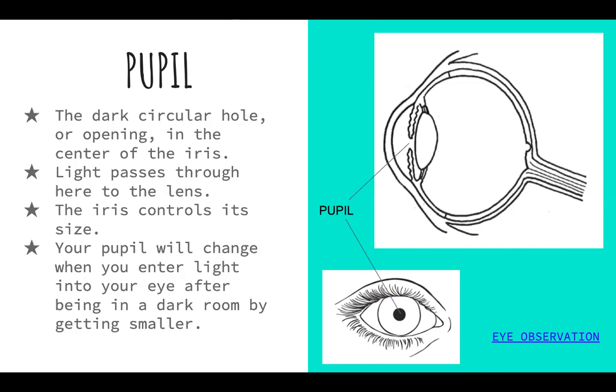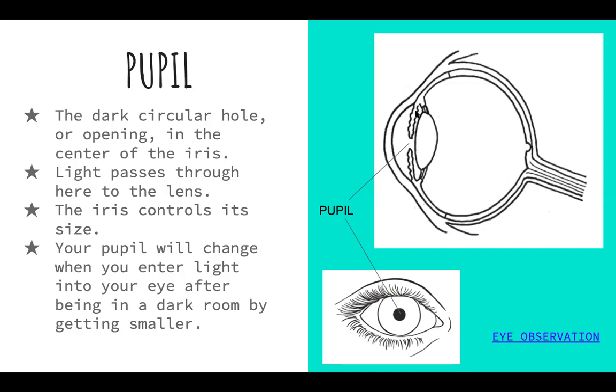So when you watch the eye dissection, you'll be able to actually see the iris that's around it, and then the pupil, that's the hole in the middle. The iris lets light pass through here to the lens. So you can see the opening here, and it's going directly to the lens. The iris controls its size.